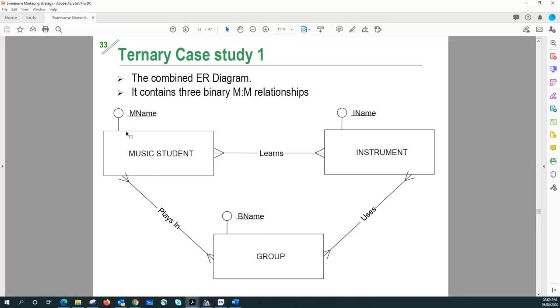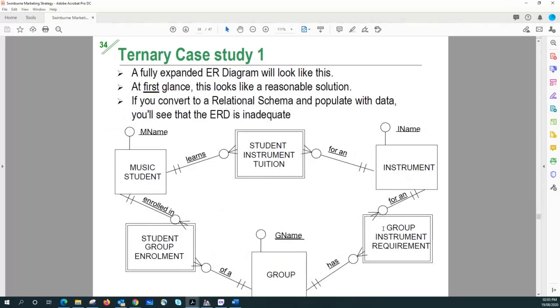We have the identifiers in each entity. Now, if I have many-to-many relationships, obviously I need to expand them. What I can do is create weak entities in the middle of each of these many-to-many relationships.